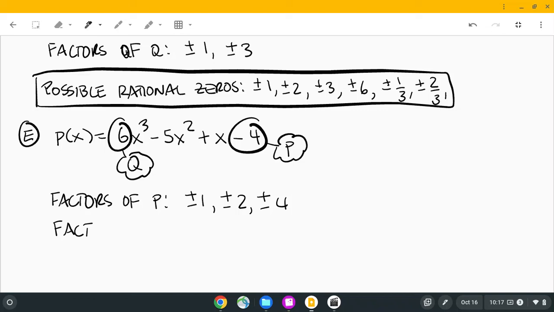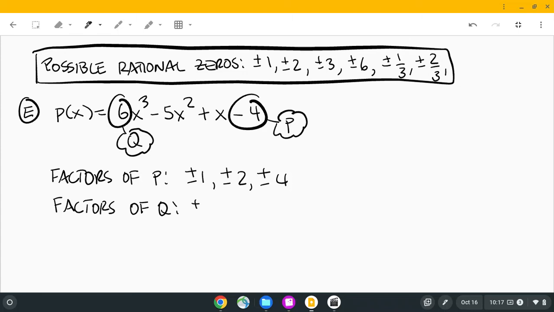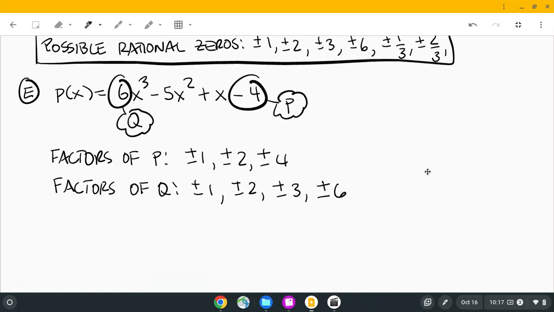If you didn't hit the pause button yet, go ahead and hit it and then try it on your own and come back and check your answers with mine. Factors of Q: plus minus 1, plus minus 2, plus minus 3, and plus minus 6. These are all the factors of Q, which is 6.